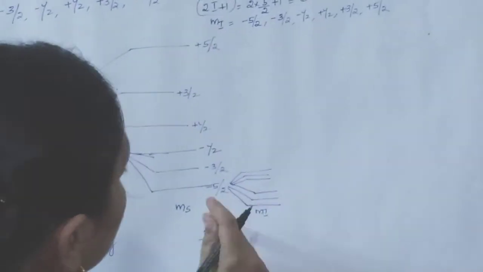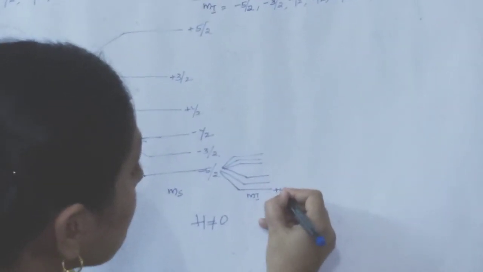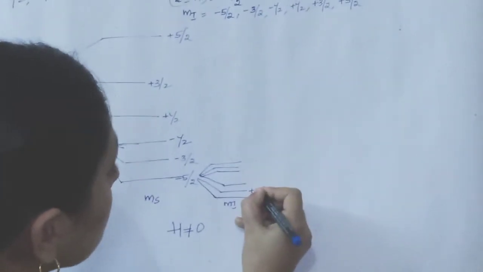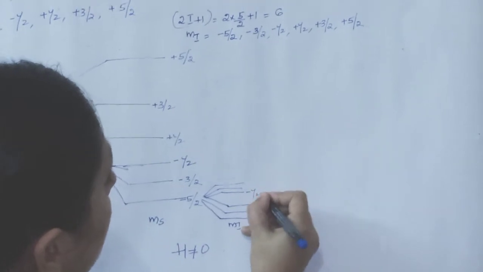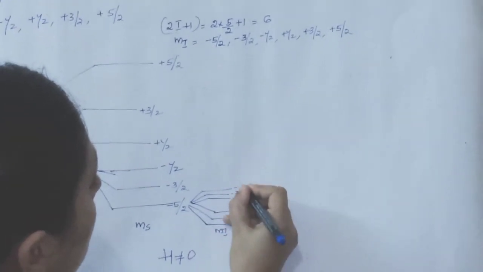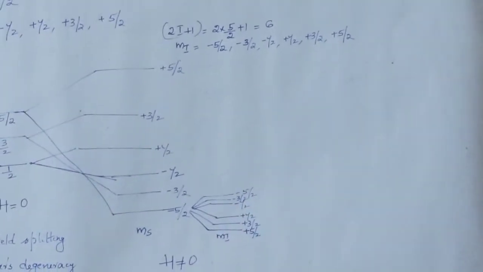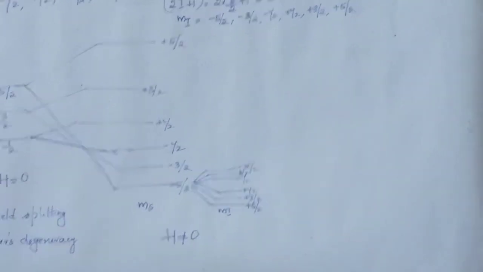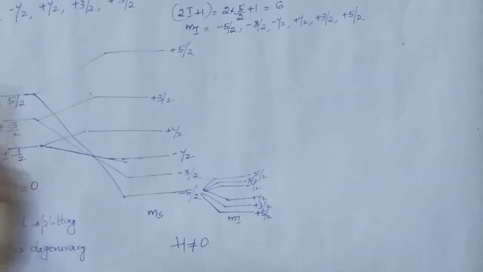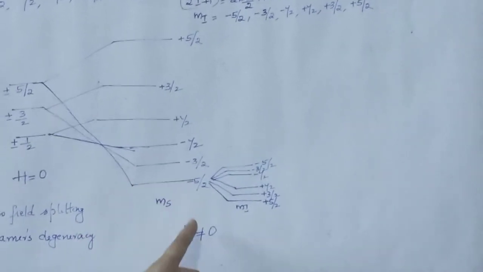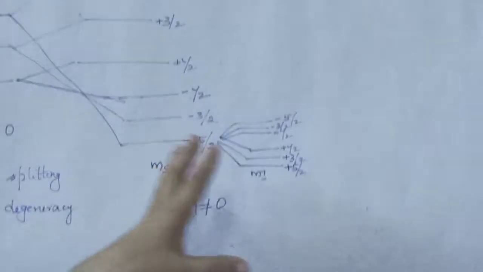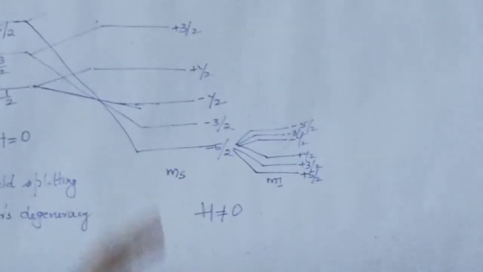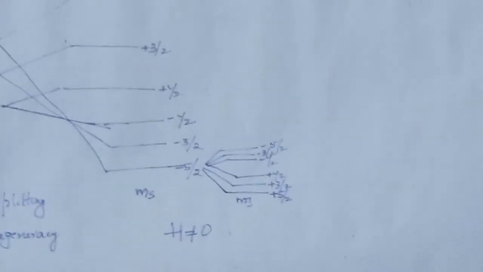Now, what are their values? Here the lowest energy will be plus 5/2, plus 3/2, plus 1/2, minus 1/2, minus 3/2, minus 5/2. Here you can refer to the hydrogen atom example, where we have seen how the nucleus affects the electronic spin transitions.